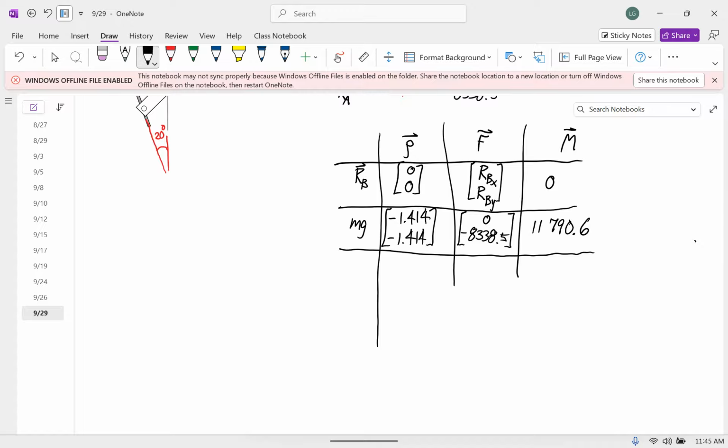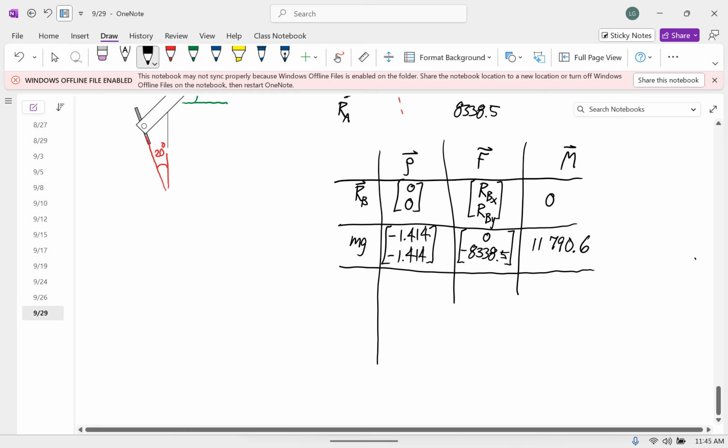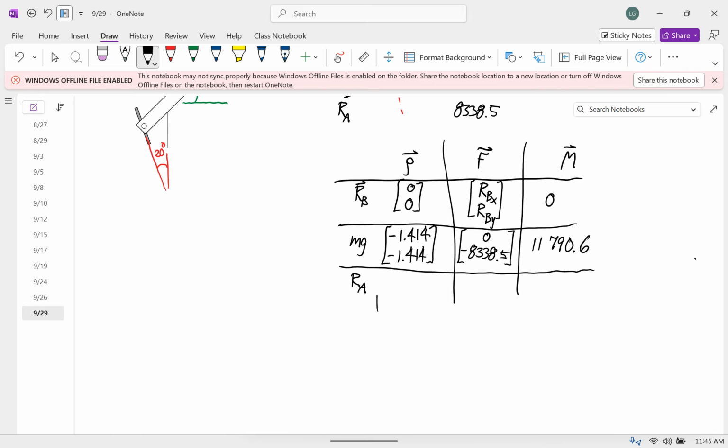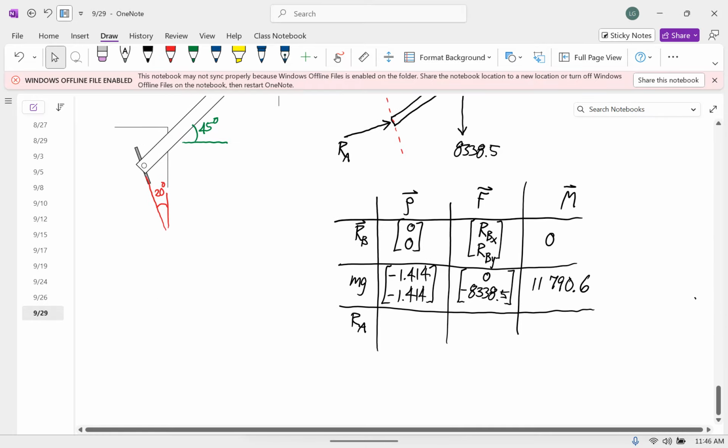And now I saved sort of the trickiest one for last. So now we're on to that force RA. The row vector is just 4 times cosine and sine of 225.